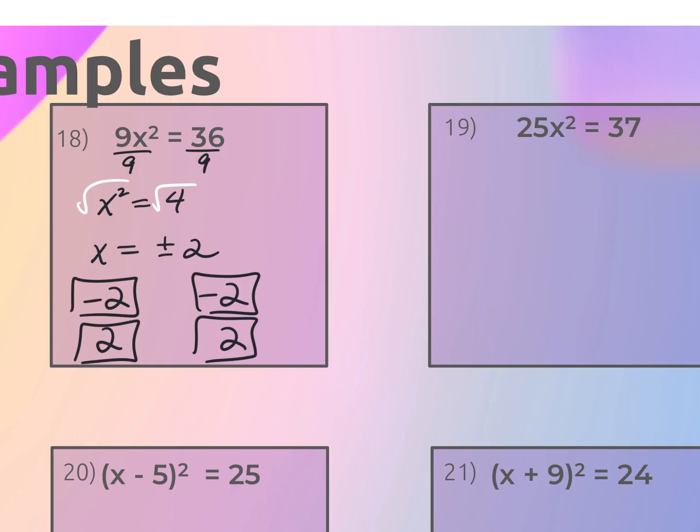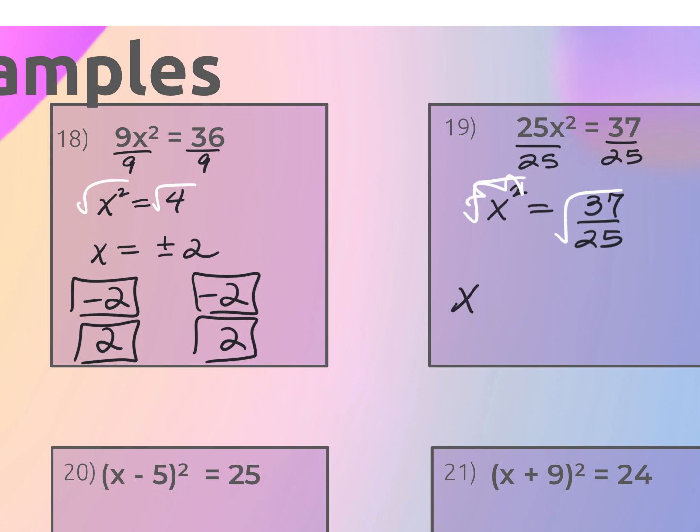19, same thing. Isolate the square term first. Divide both sides by 25. I get x squared equals 37 over 25. I need to square root both sides. Square rooting the x squared cancels it. So now I'm left with x is equal to positive and negative the square root of 37 over 25. And I could pull these apart because watch what will happen here.